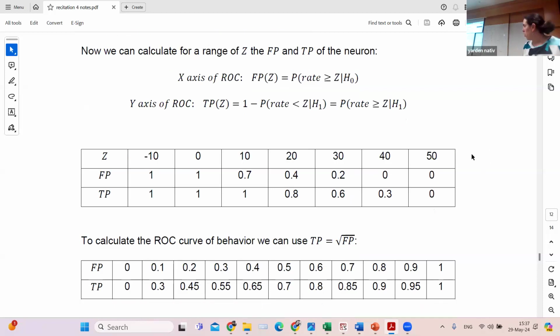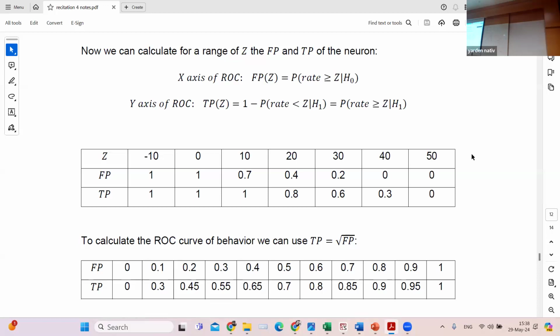we can take the neuron and create an ROC for the neuron. Right? And this is what we just created. And now we can calculate the ROC of the behavior. The ROC of the behavior is given by a function that says that the true positive is the square root of the false positive.